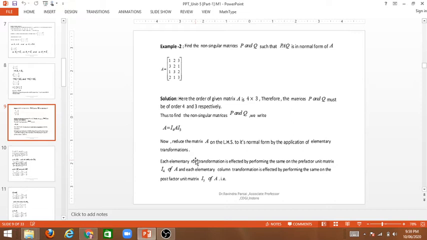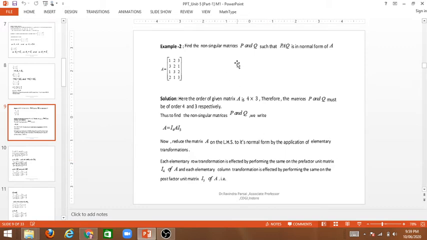I want to continue my third lecture, in which we recall our last example, in which we will find two non-singular matrices with the help of a normal form, which is the second application of normal form.